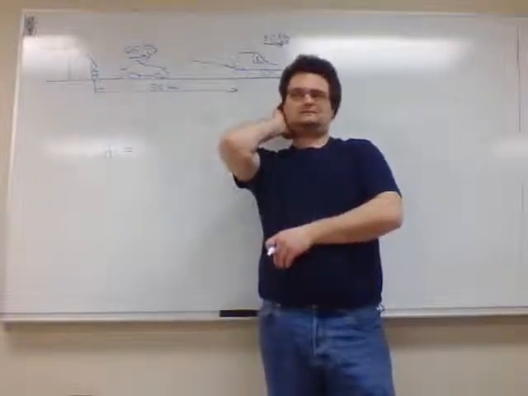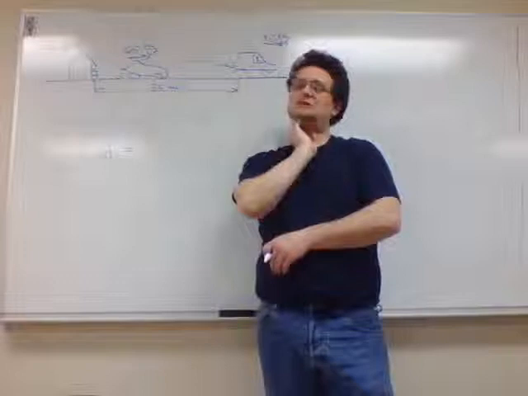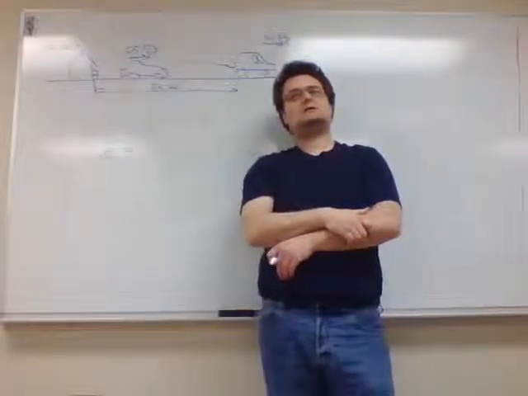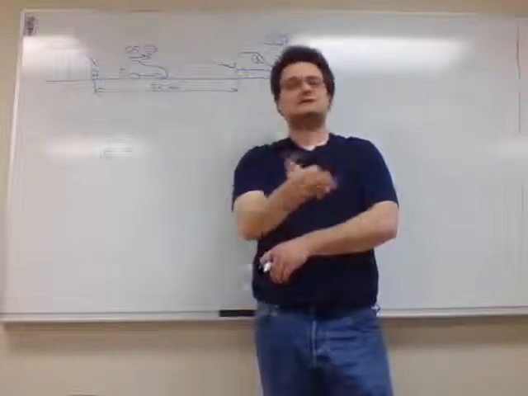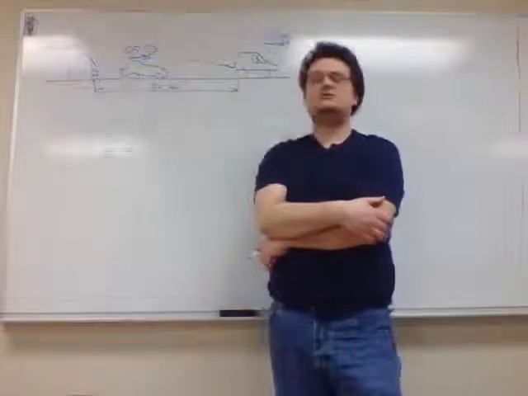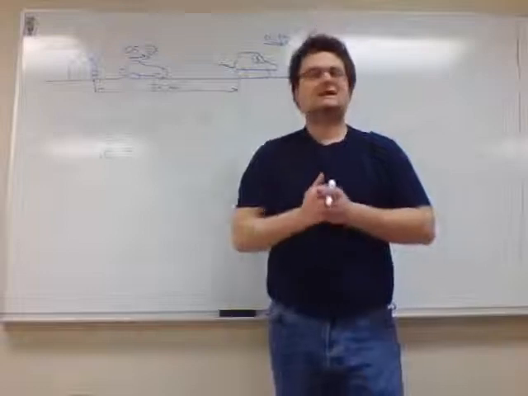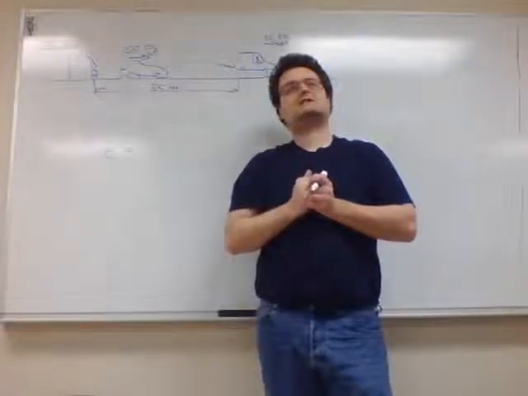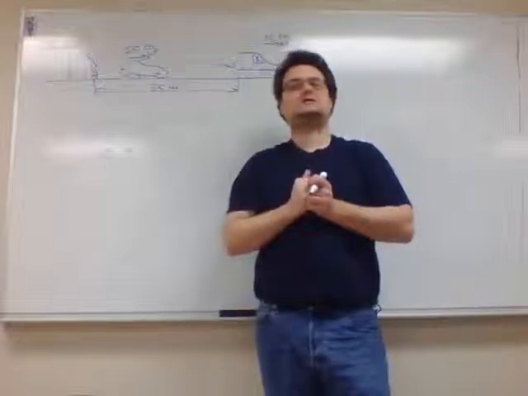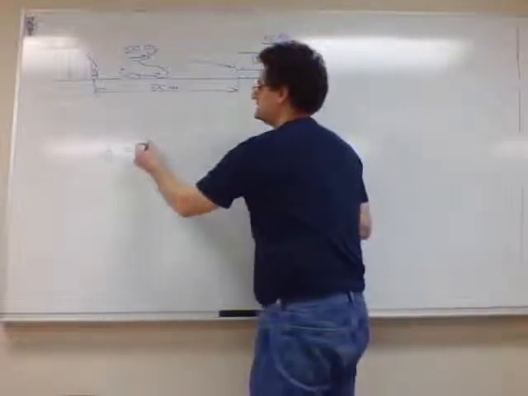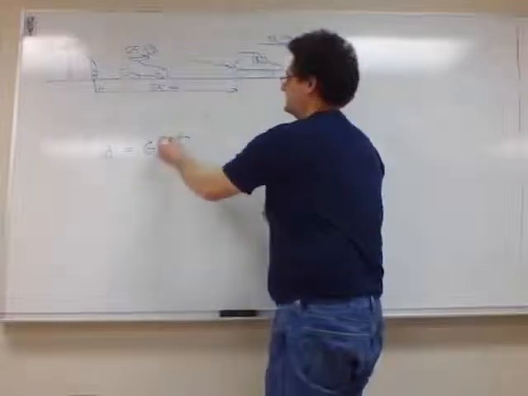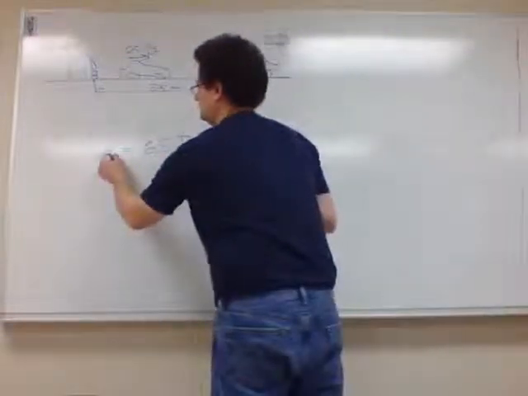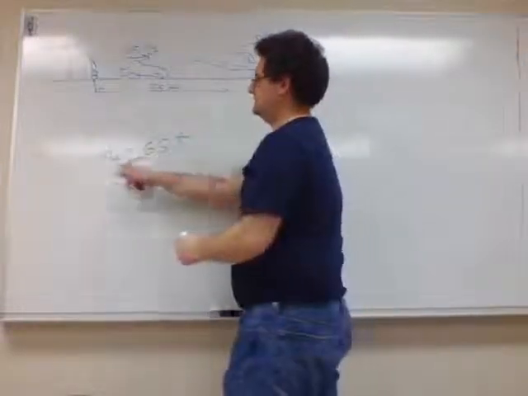Or let's say if you travel half an hour, the distance you traveled is going to be half of the 65. So in general, if you travel T hours, you are going in total to travel 65 times T. So that's the distance you make after T hours, the distance that you travel, D sub Y.